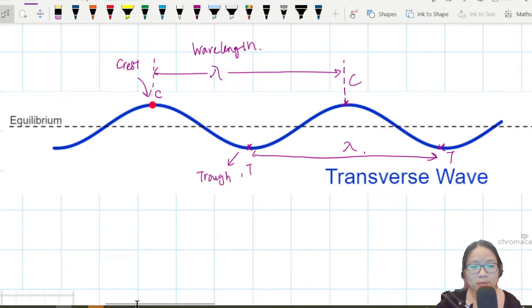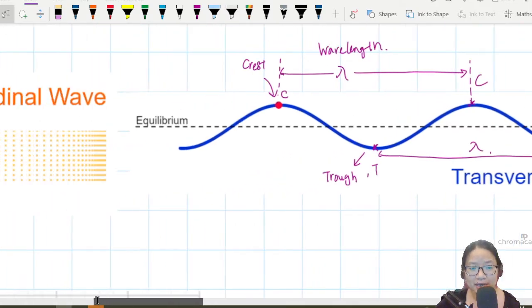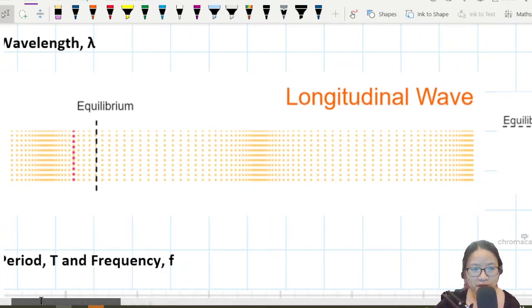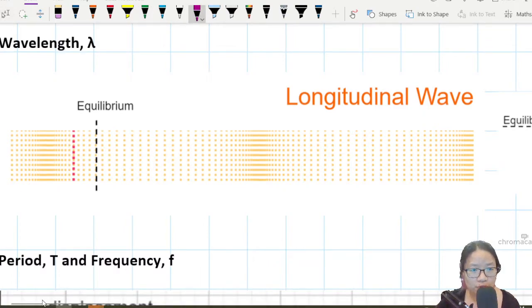But at the same time, if you are thinking about longitudinal wave, what we are looking for is repeating patterns. You can see pretty clearly that there are regions of compression. Right now, this is a region of compression. Let me label them. Region of compression. This one is compression.